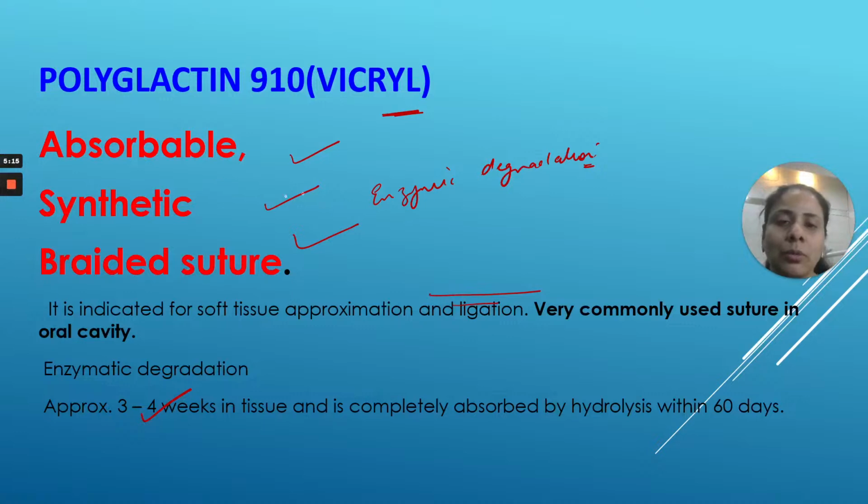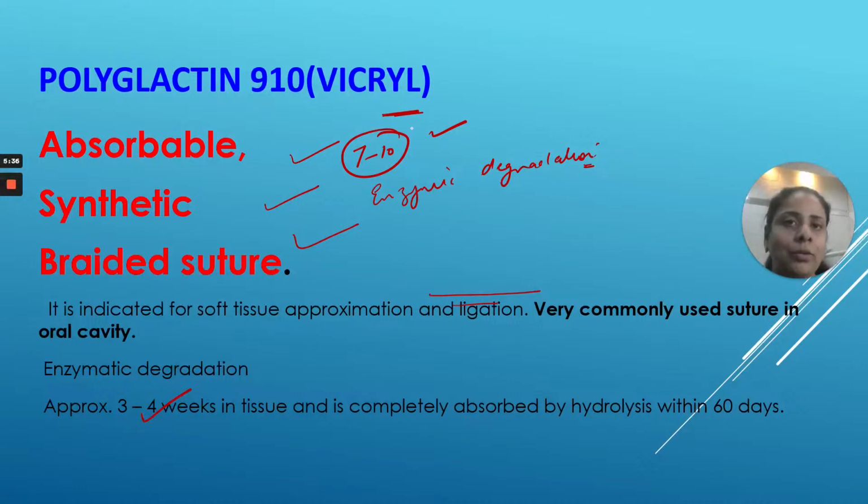Suppose you are putting sutures in the oral cavity, we are supposed to remove them within 7 to 10 days. So within 7 to 10 days, the sutures are not yet resorbed. Whenever you are selecting a suture and conveying it to the patient, that we are putting resorbable suture material, mostly the patient expects that it will resorb on its own.